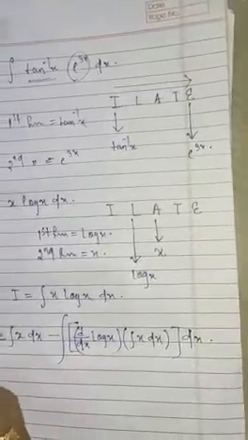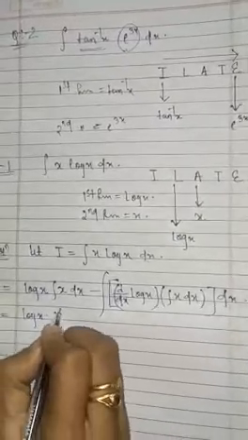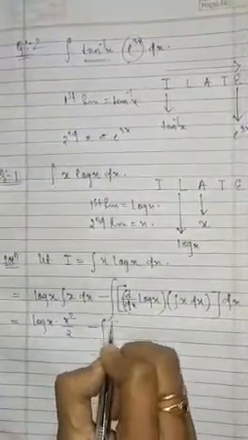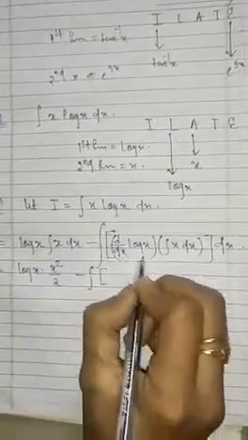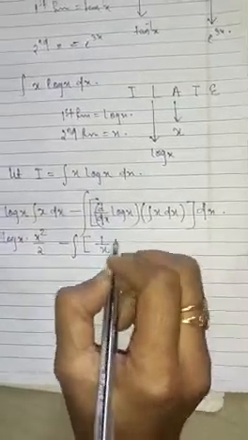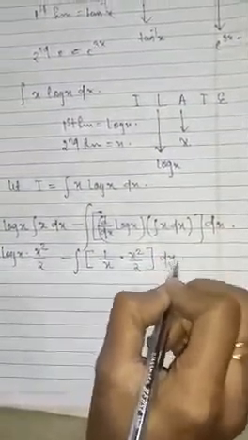Clear? Now this is equal to log x, integration of x is x square by 2, minus integration, then in brackets, the derivative of log x is 1 by x, times integration of x which is x square by 2, dx.